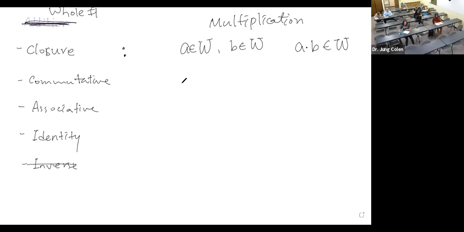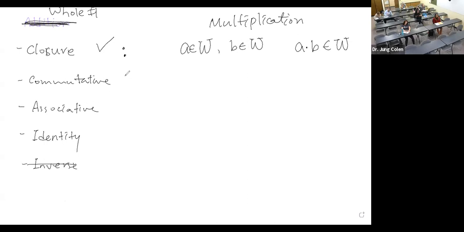Product? 14 is a whole number. If you keep doing that, is there any exception, any counterexample that doesn't work for whole numbers? No. If you have any two whole numbers, multiply them together, the product is always a whole number. So closure works for multiplication.